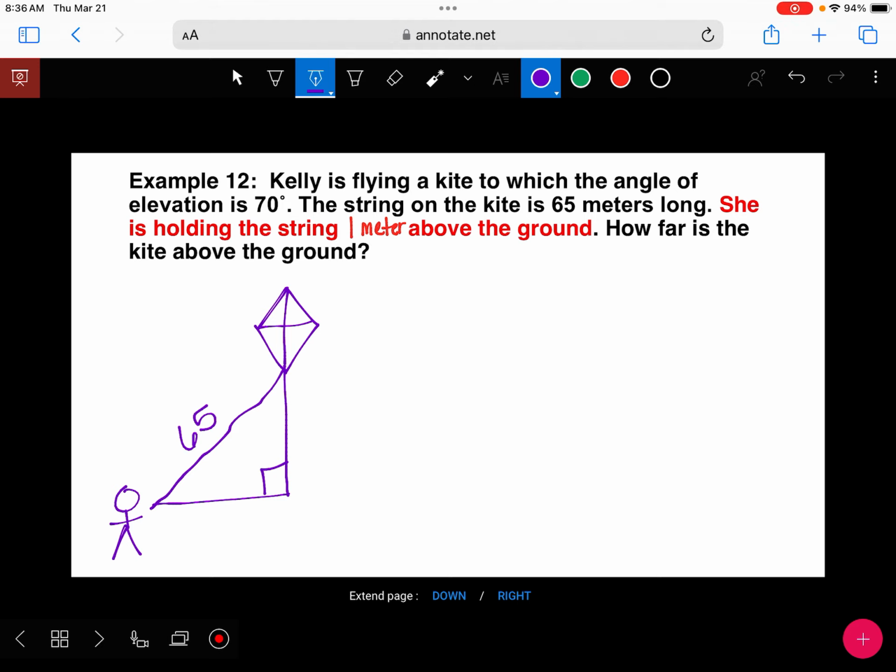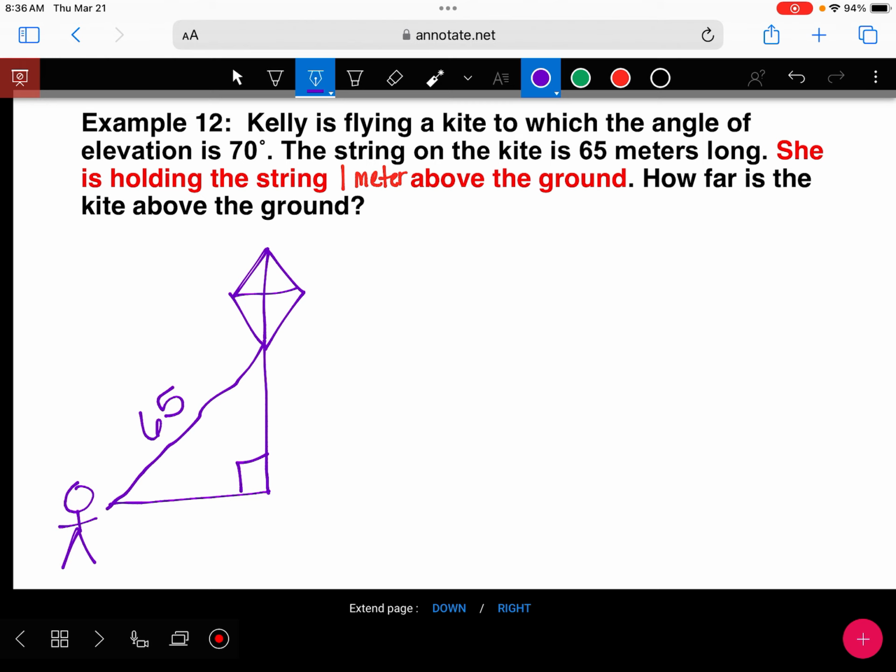And the angle of elevation with that string is 70 degrees. So we're gonna put our 70 right here. Now remember, we're trying to figure out the height. So the height would be this distance, technically, from here all the way down here.